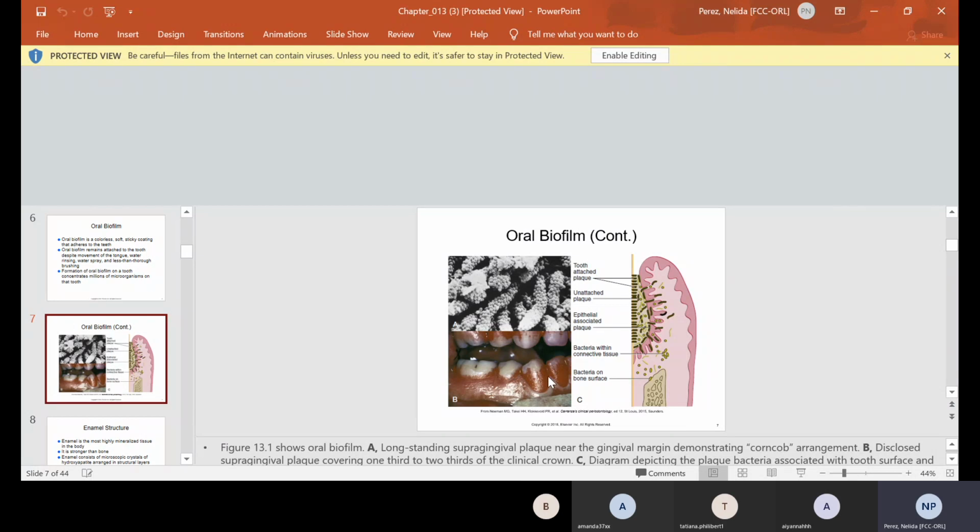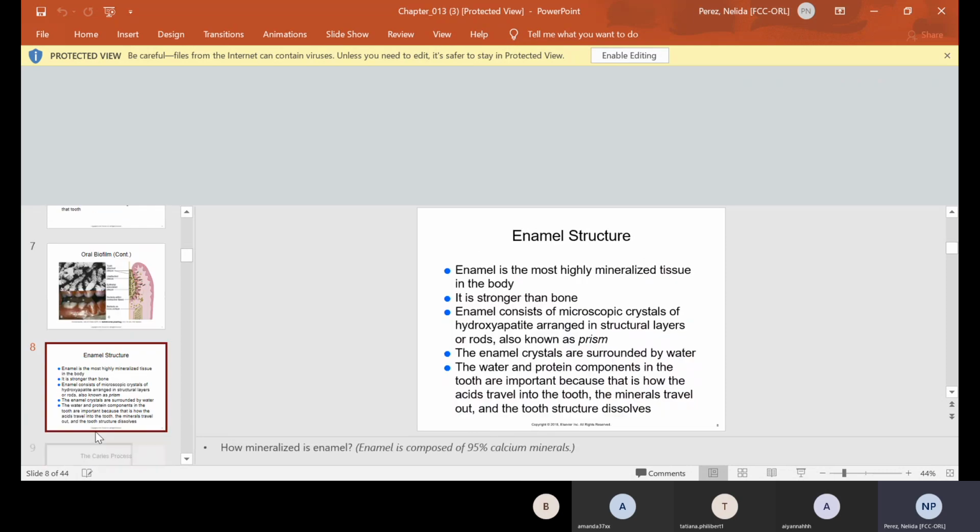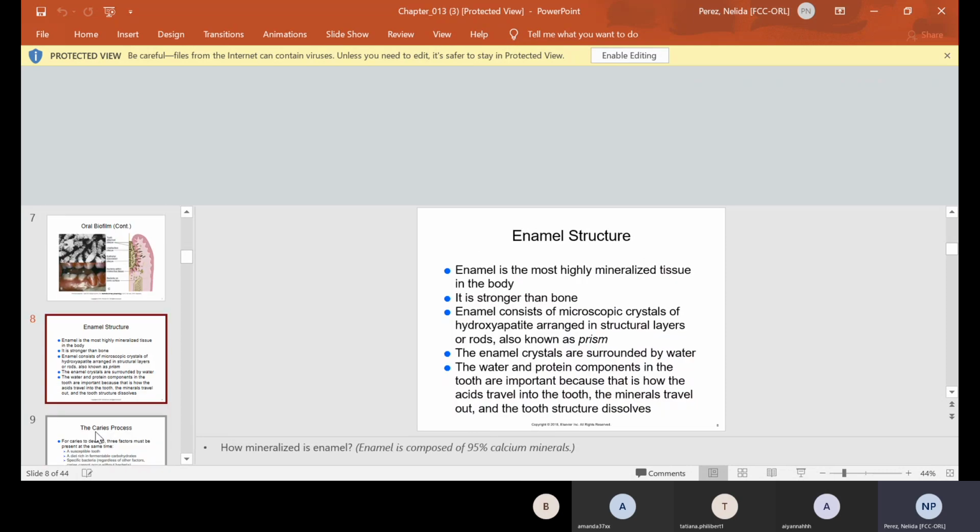That is the dark reddish portion of the disclosing tablet. Okay, this is under a microscope. And then C is the diagram depicting the bacteria, the black plaque bacteria associated with tooth structure and periodontal tissues.